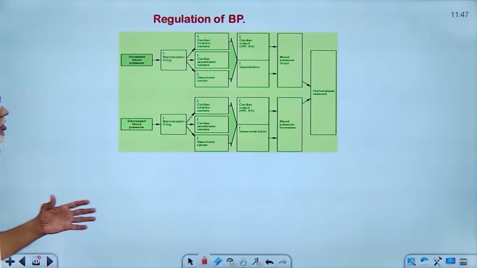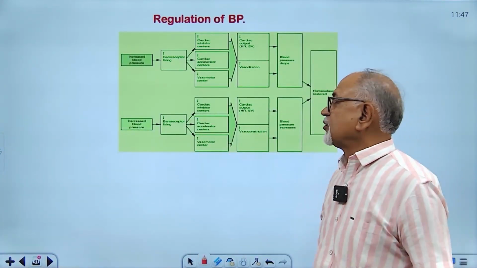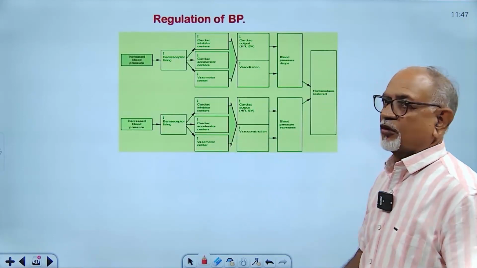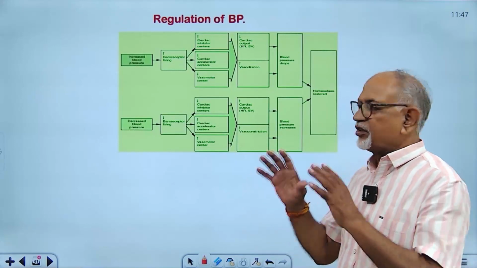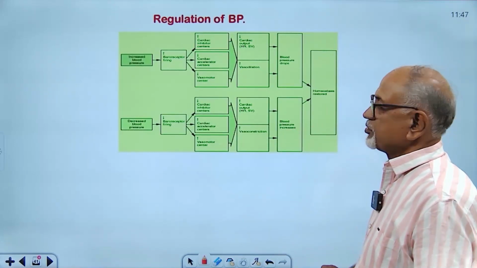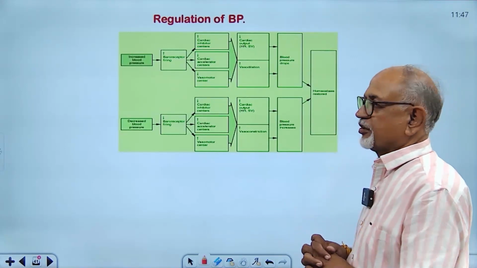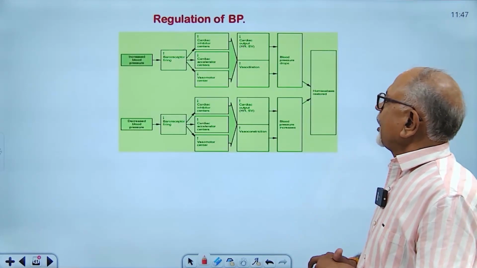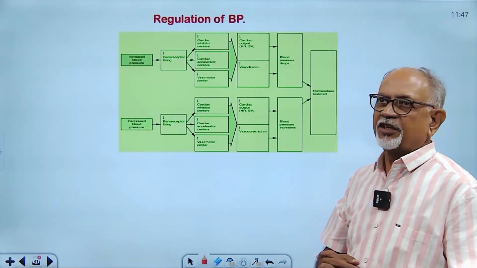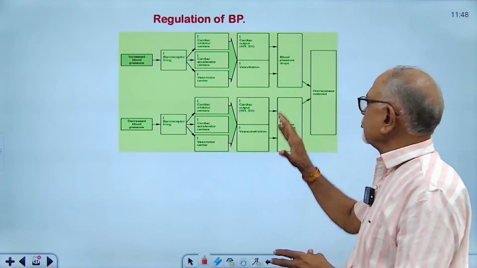Here is another example of feedback mechanism, that is maintenance of blood pressure. When the blood pressure increases, the message is sent to the brain, and the cardiac accelerator center is suppressed, and the vasomotor center is suppressed, and the blood pressure is lowered to normal value.